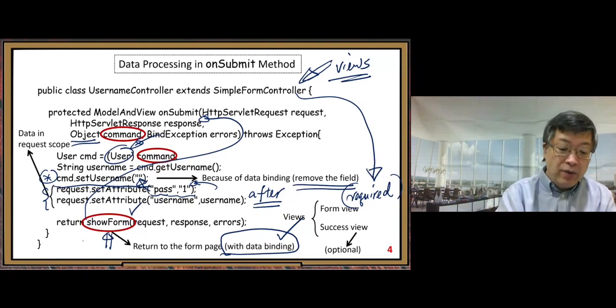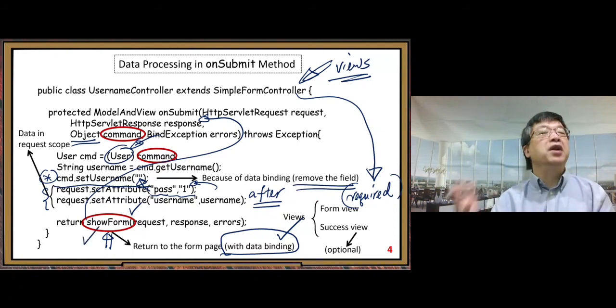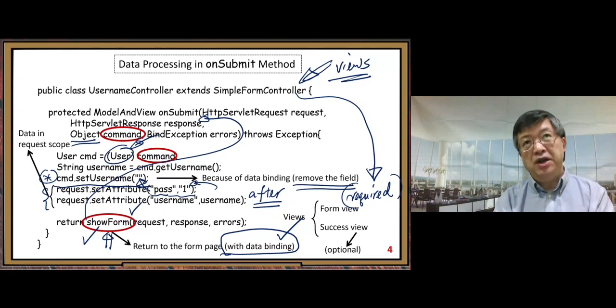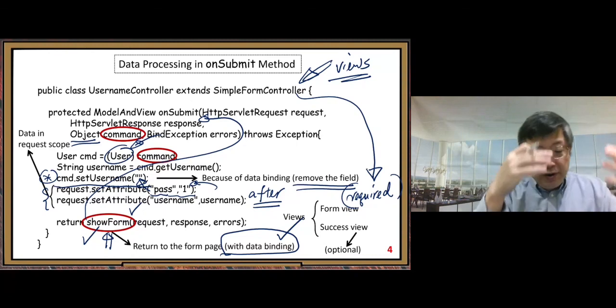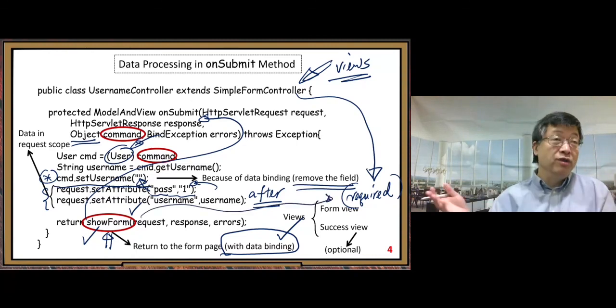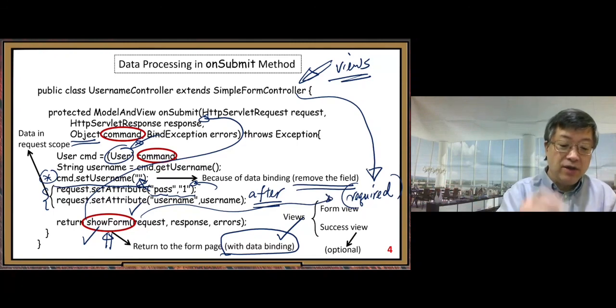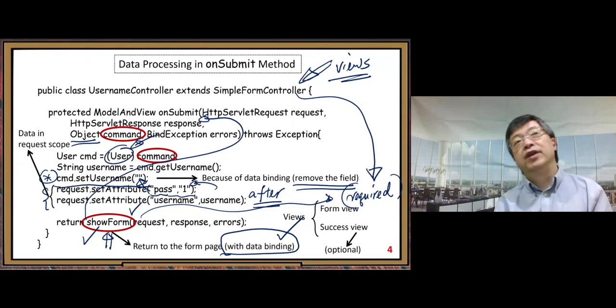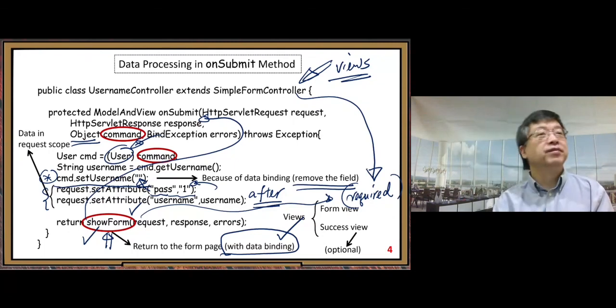For our current example, we do not need a success view because even if the data processing is successful, we still will return to the form view, right? We still return to the original view page. That's the form view. So that's why this method is called ShowForm, connected to the form view with data binding.